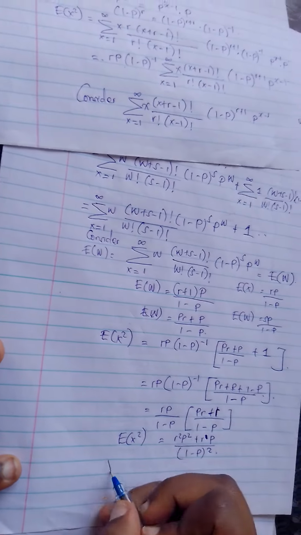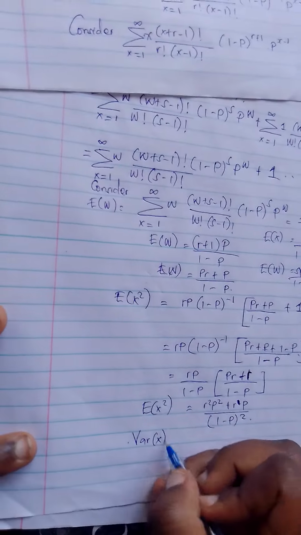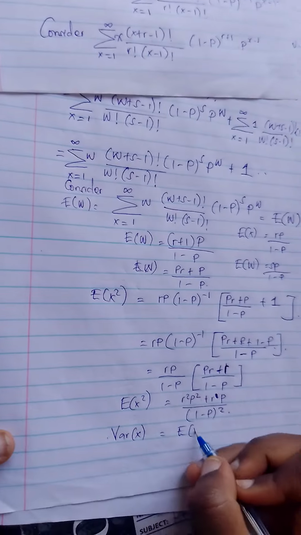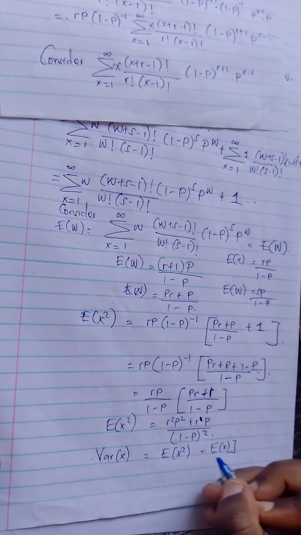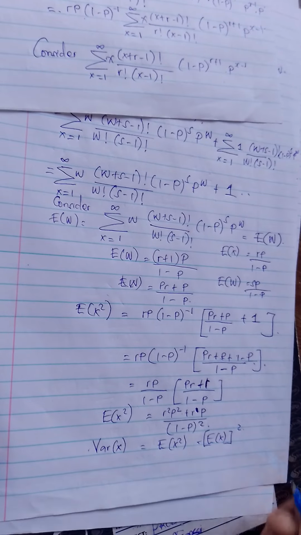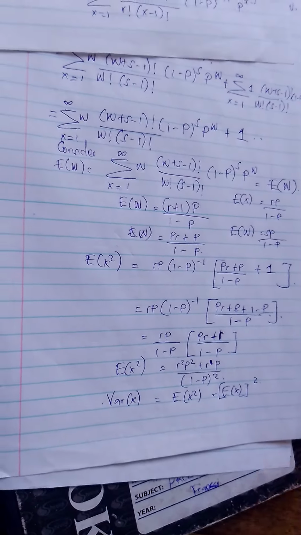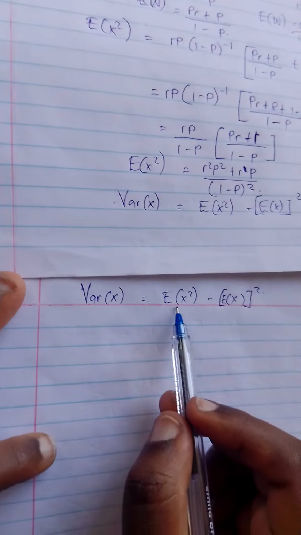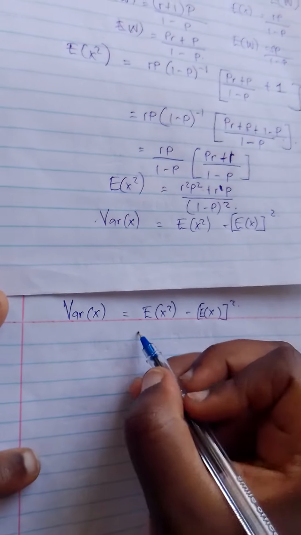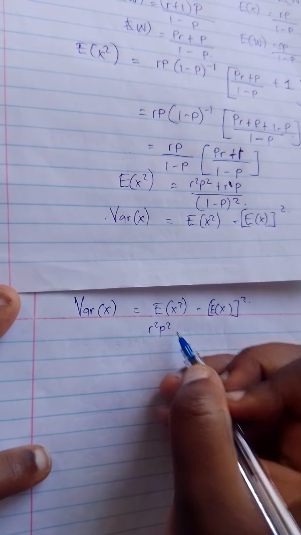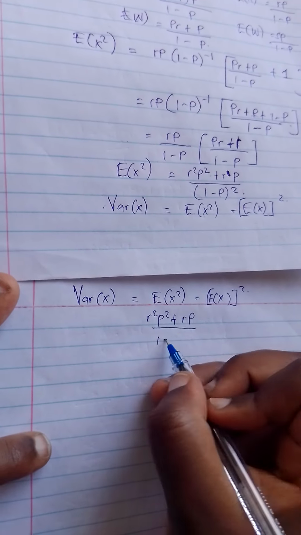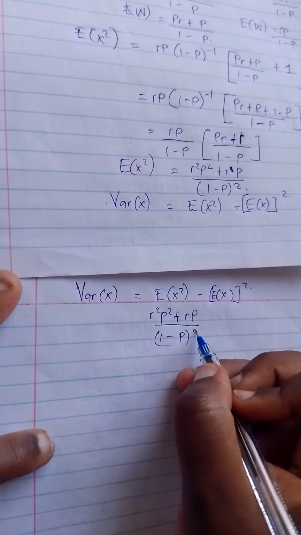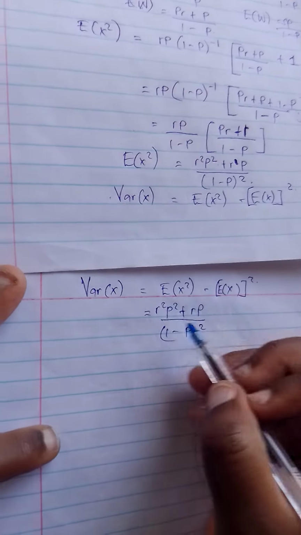But you know variance is equal to E of x squared minus the square of E of x. So you get this minus this. We have already got the value of r squared p squared plus rp over 1 minus p squared. This is the value of E of x squared.